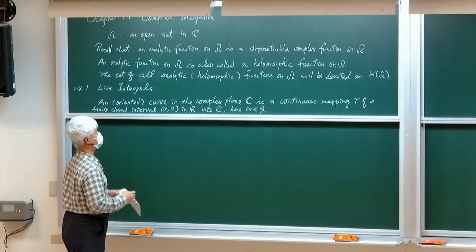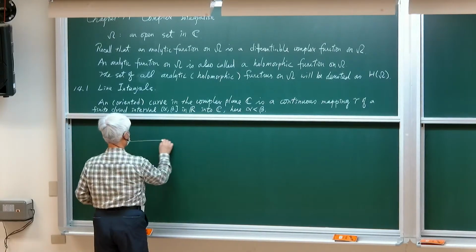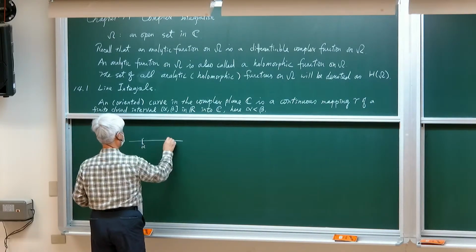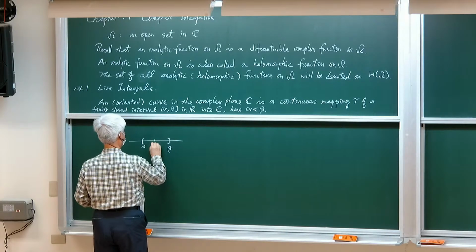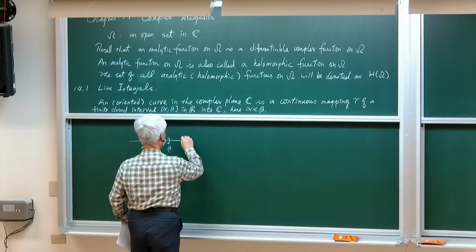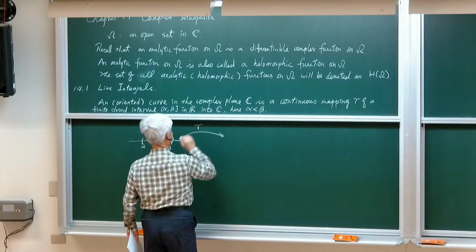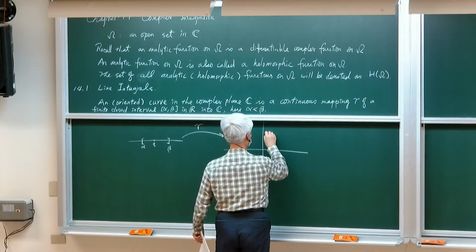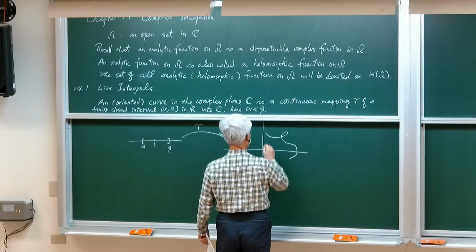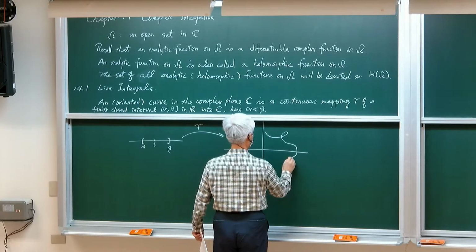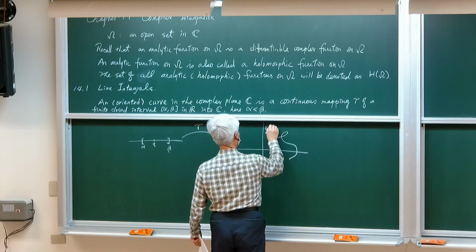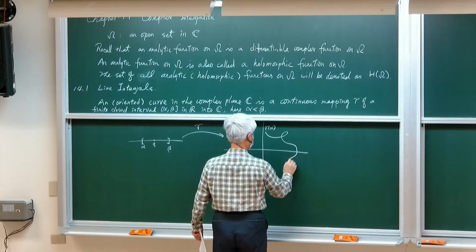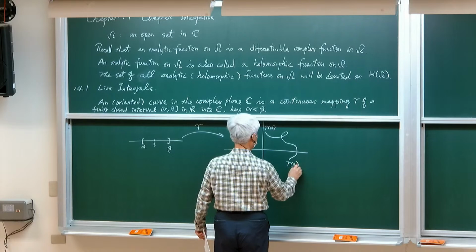Okay, so a curve. So this is alpha, this is beta, and a point t, gamma maps it to here. So this is gamma alpha. This is gamma beta.